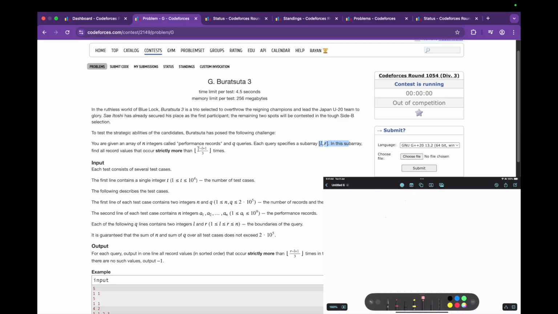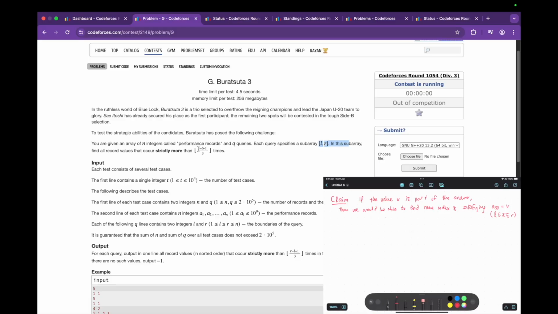So how would we solve this problem? I would first make a claim, and this claim is that if the value v is part of the answer, then we would be able to find some index x satisfying a_x equals v, where x is between L and R, obviously.